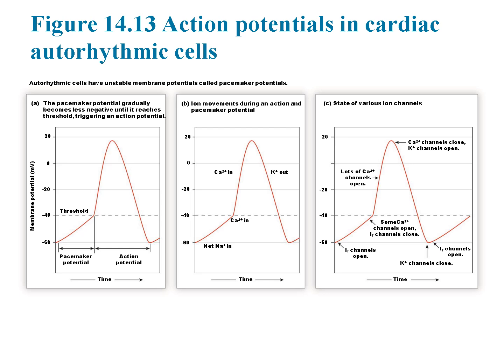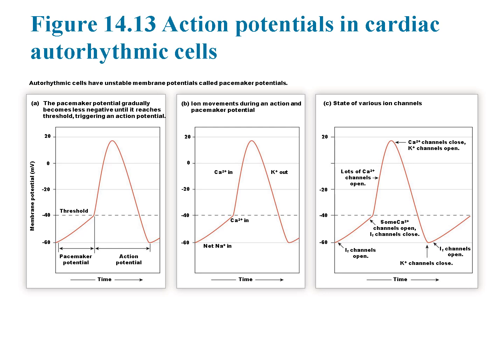The graph on the right shows how different ion channels behave during this process. At the beginning of the pacemaker potential, specialized funny channels open, allowing a slow influx of sodium. As depolarization progresses, calcium channels open, leading to a rapid influx of calcium and the generation of the action potential.